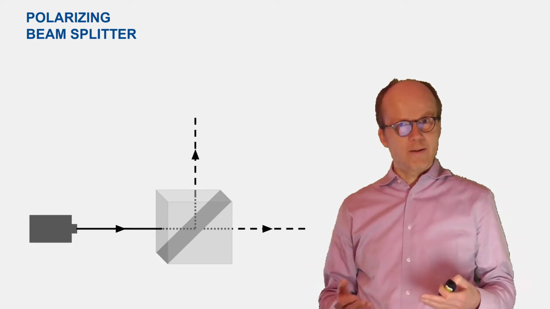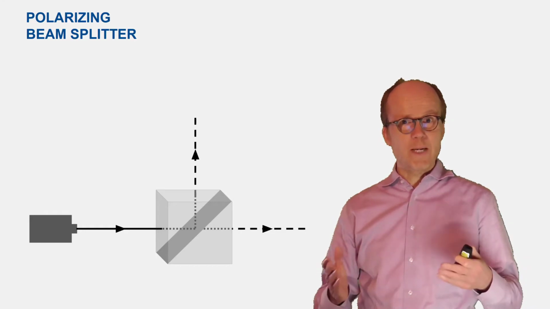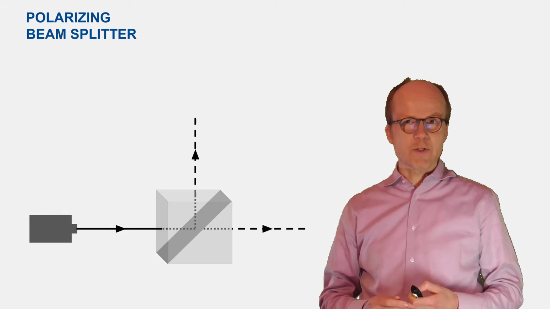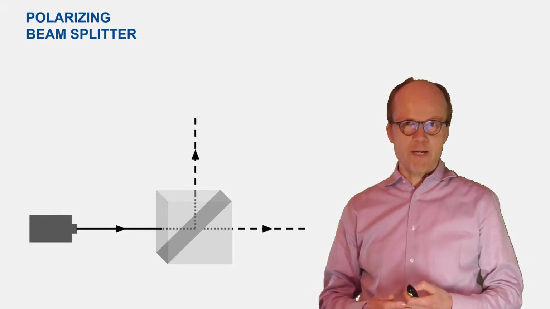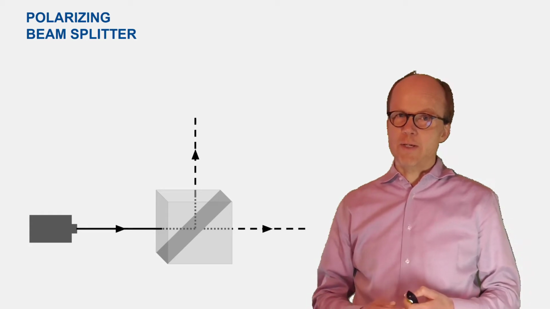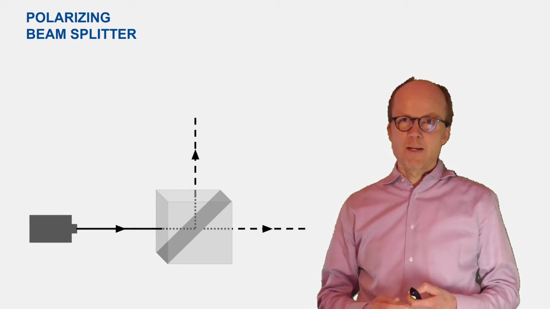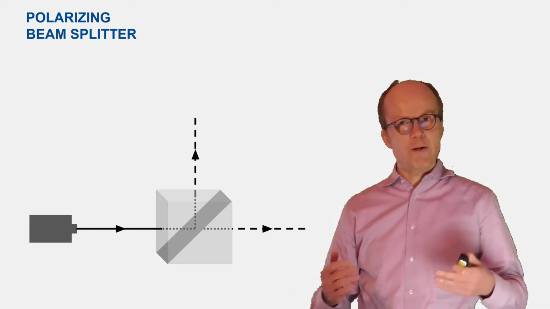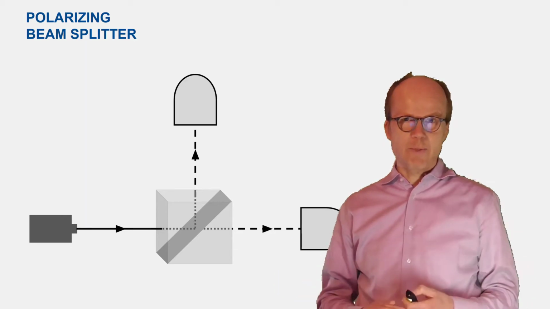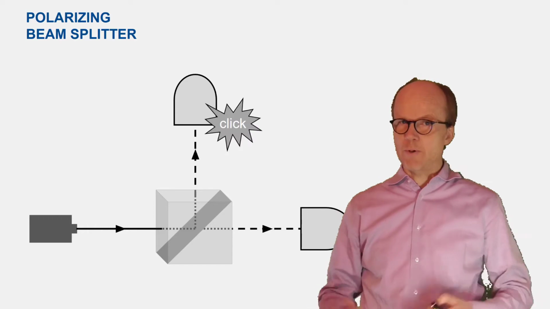So the laser beam is split in two. Photons going in one direction are horizontally polarized. Photons going in the other direction are vertically polarized. And you can measure which way a photon went by placing detectors at the end of these beams, and then one of them will click.